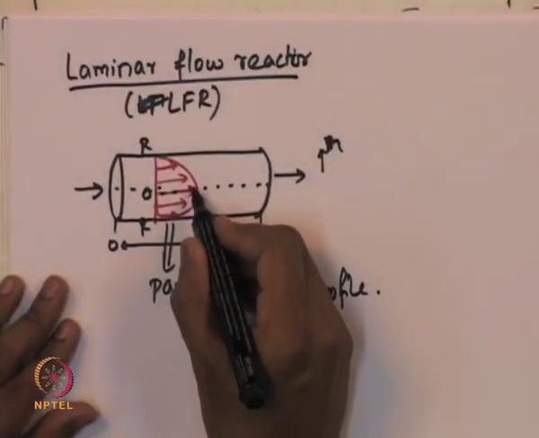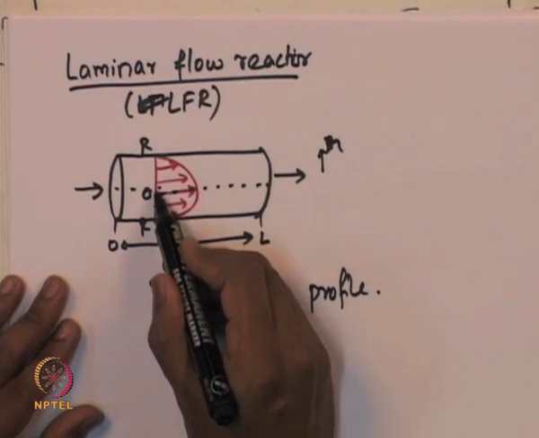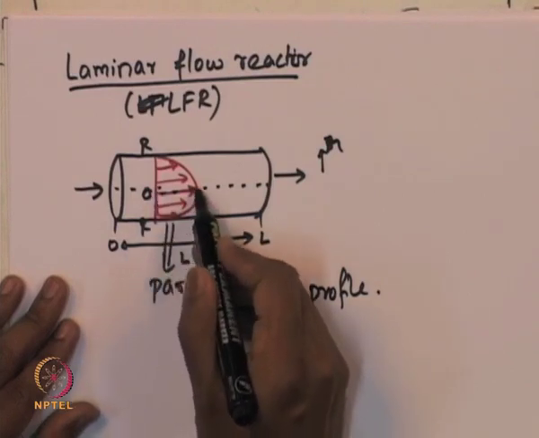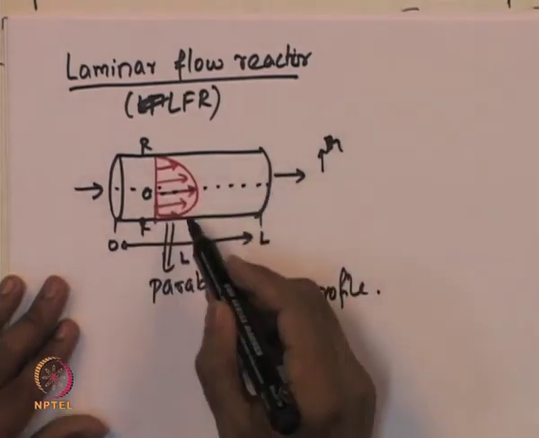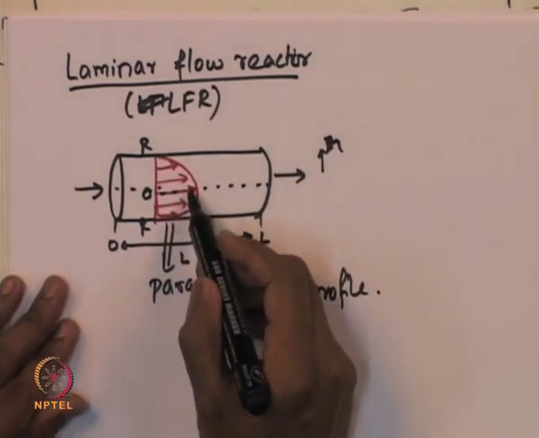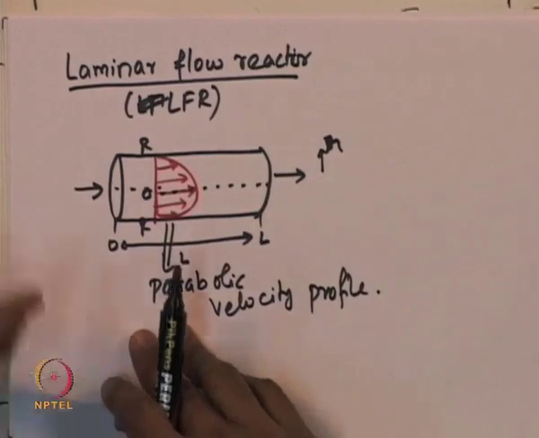Clearly this suggests that the fluid elements at the center will have the shortest residence time because they have the maximum velocity, and so they will leave the reactor much faster than the other fluid elements present at other radial locations.